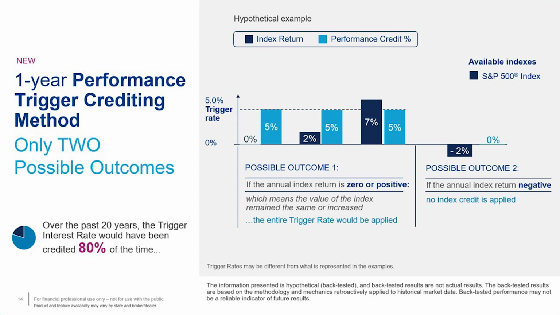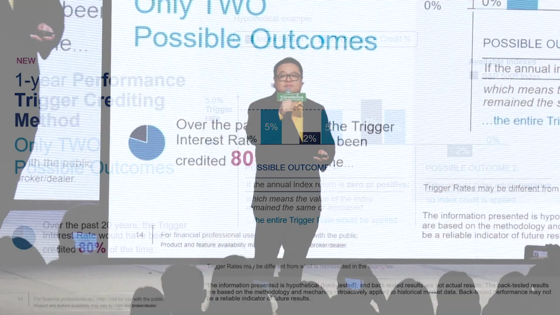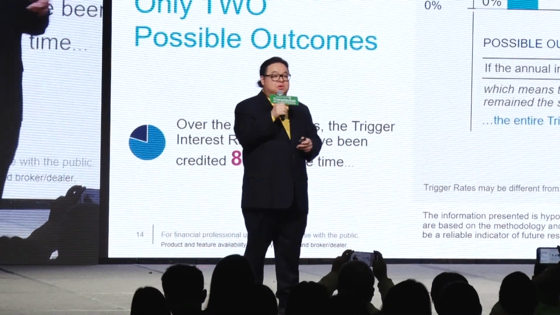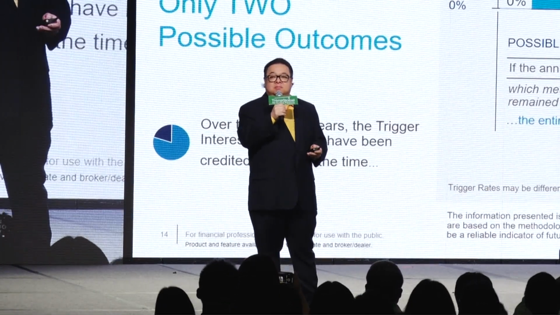If your return is 0%, you get 5%. If your return is 2%, you get 5%. If your return is 7%, you get 5%. Okay? If your return is negative, you get 0%. You don't get negative. So anything including 0, you get 5%, which is pretty good, don't you think?